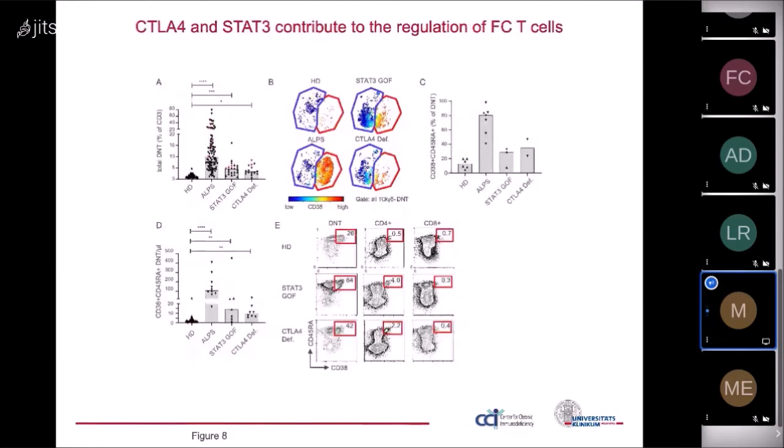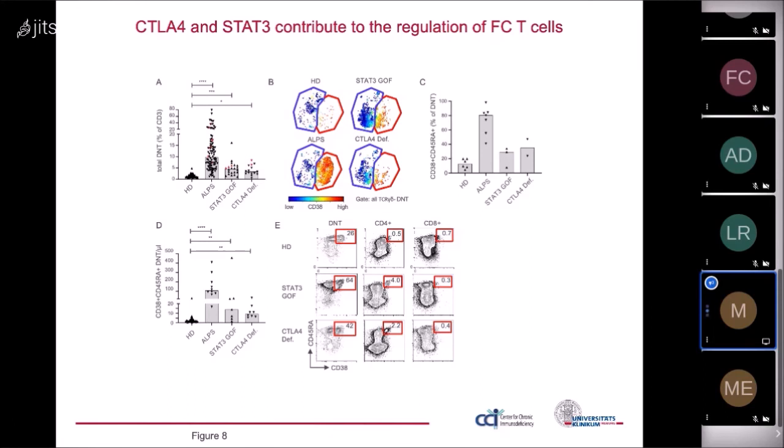And then the last, and this is really the last figure of the paper, we checked for FC-DNT also in other patients with other primary immunodeficiencies with lymphoproliferation, where it was already described that there was an increase in total DNT. And these diseases are STAT3 gain of function and CTLA4 deficiency.